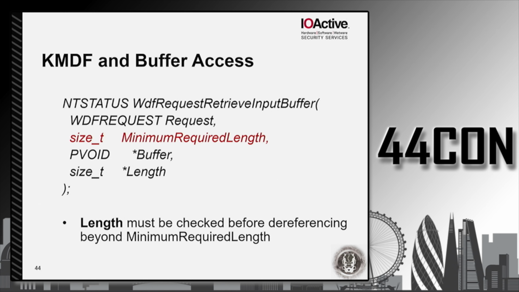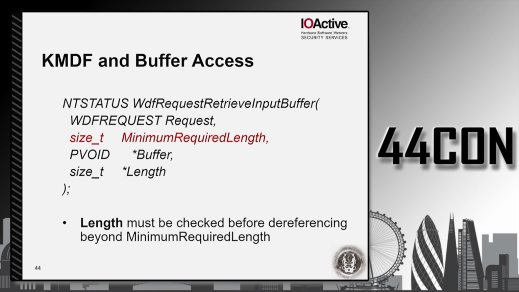Okay. And how does KMDF access the buffers? Before, they had to check the IO stack locations. Now, they get a request, and they can use this nice API to specify a minimum required length. And they actually get the actual length in the fourth parameter.